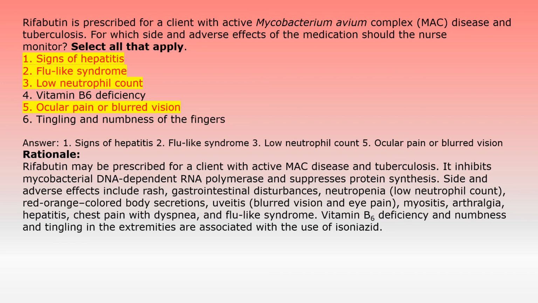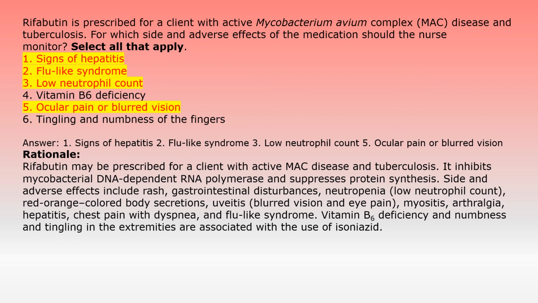Answer: 1. Signs of hepatitis. 2. Flu-like syndrome. 3. Low neutrophil count. 5. Ocular pain or blurred vision. Rationale: Ritonavir may be prescribed for a client with active MAC disease and tuberculosis. It inhibits mycobacterial DNA-dependent RNA polymerase and suppresses protein synthesis.